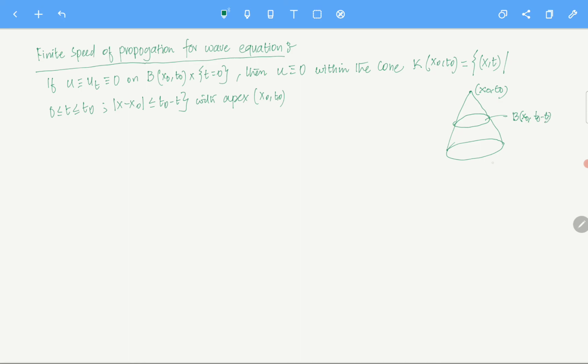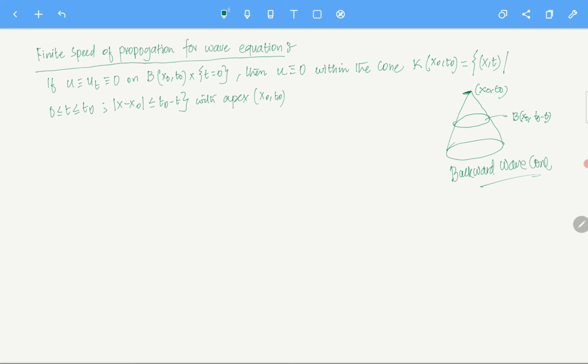And here is the ball B at t equals 0. So this is kind of a backward wave cone, we say. We call it a backward wave cone. Clear?